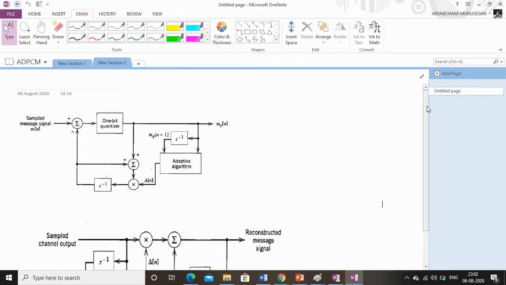In linear delta modulation, two kinds of errors occur: one is slope overload noise and another one is granular noise.